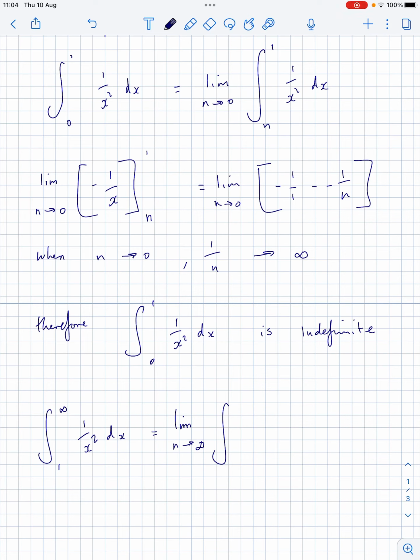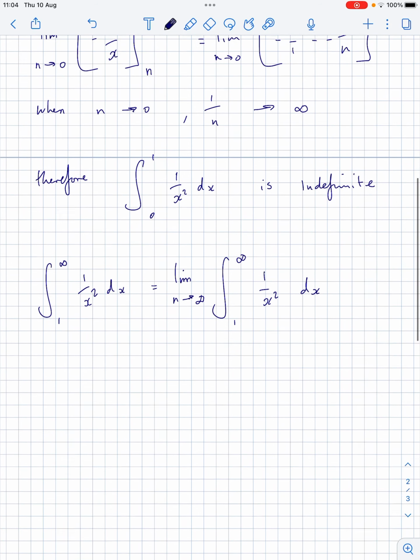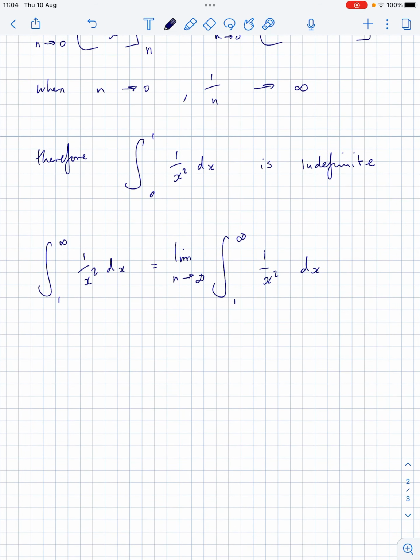Because obviously if you don't know where the boundary is, where you're cutting off your area, then we've got a bit of a problem. So go 1, infinity. And I'm going to do the same thing. We're going to change that infinity, and I'm going to make it n. It's going to be the same integral, but a different limit that we're applying afterwards.